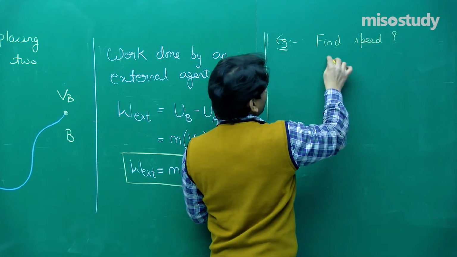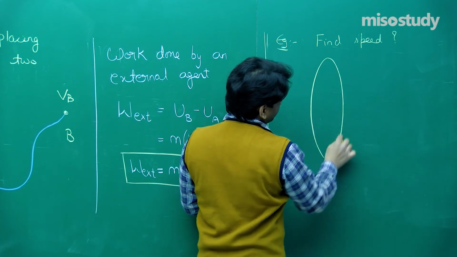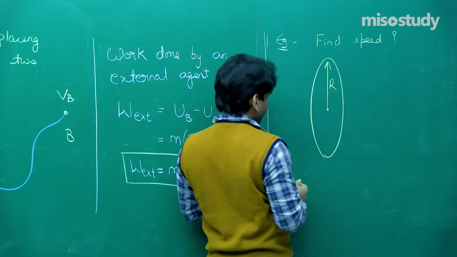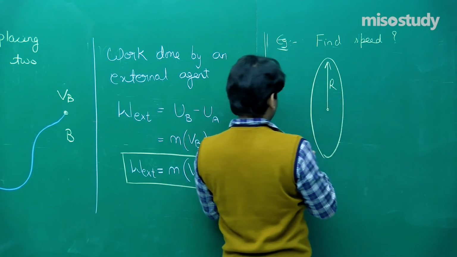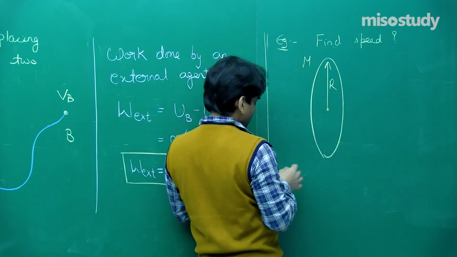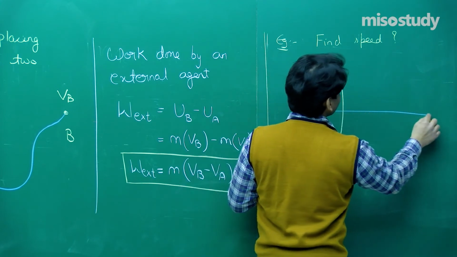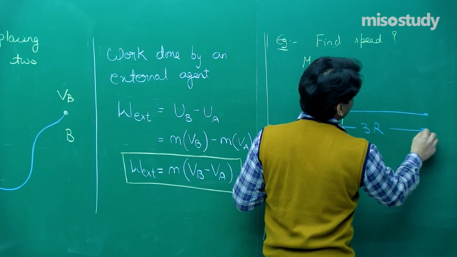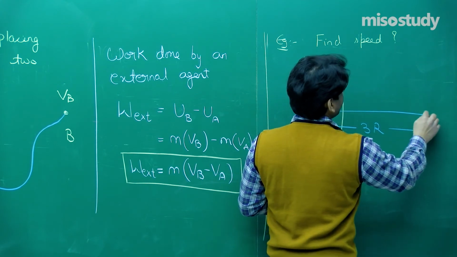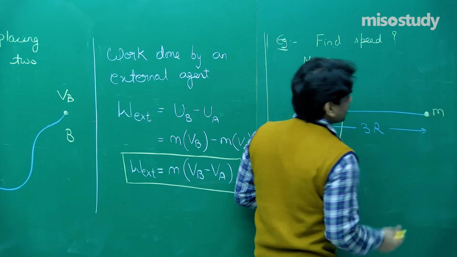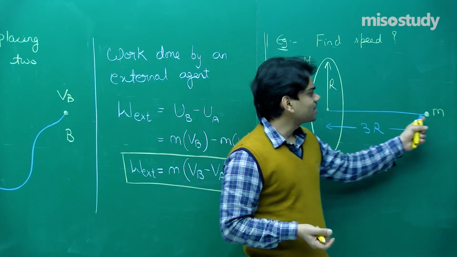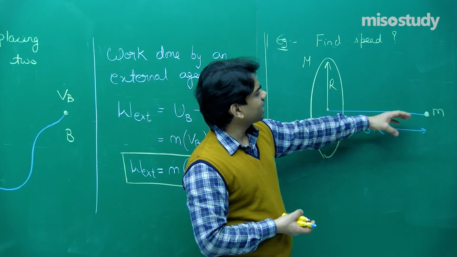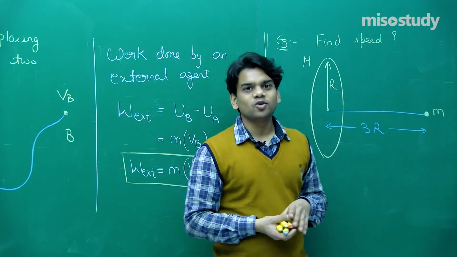The scenario is in this way. This is the ring, its radius is given as r, and its mass is capital M. At a distance of 3r you are releasing an object of mass m, and under the gravitational force of attraction it is going to be attracted along the axis of the ring.